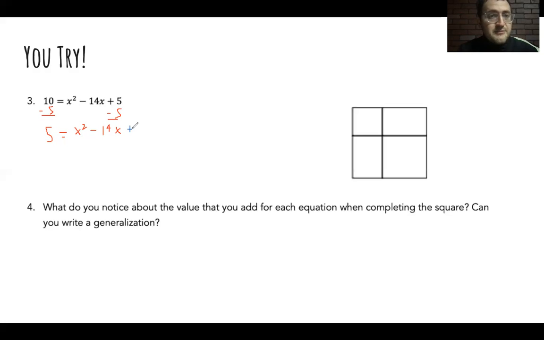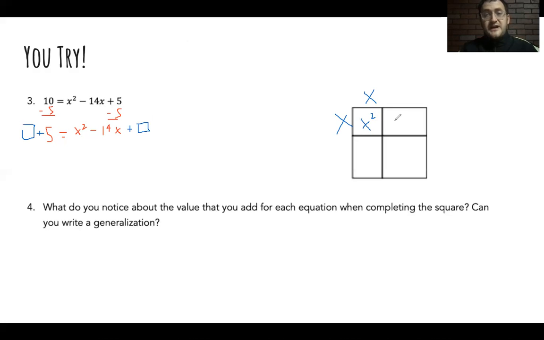So I'm going to put a plus whatever that number is going to be in the working out of our box. When I do that, I know that x and x are going to get me x squared.